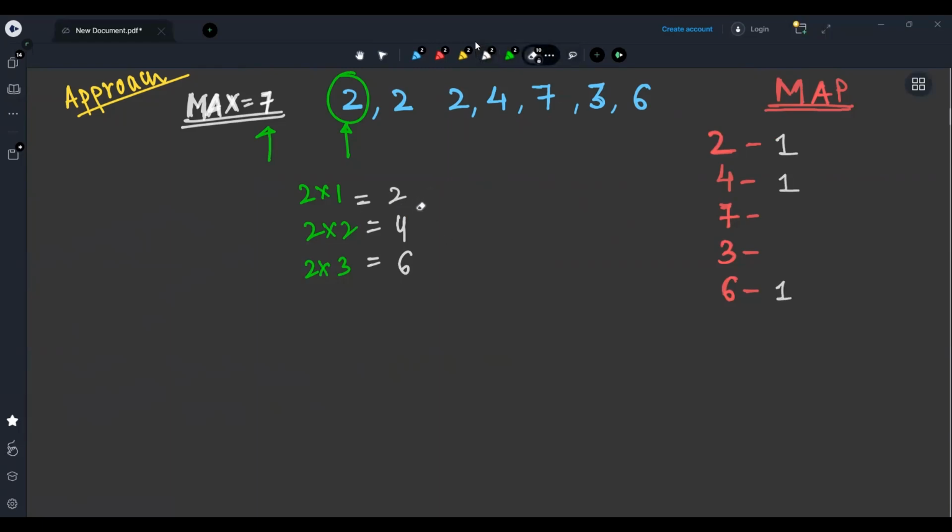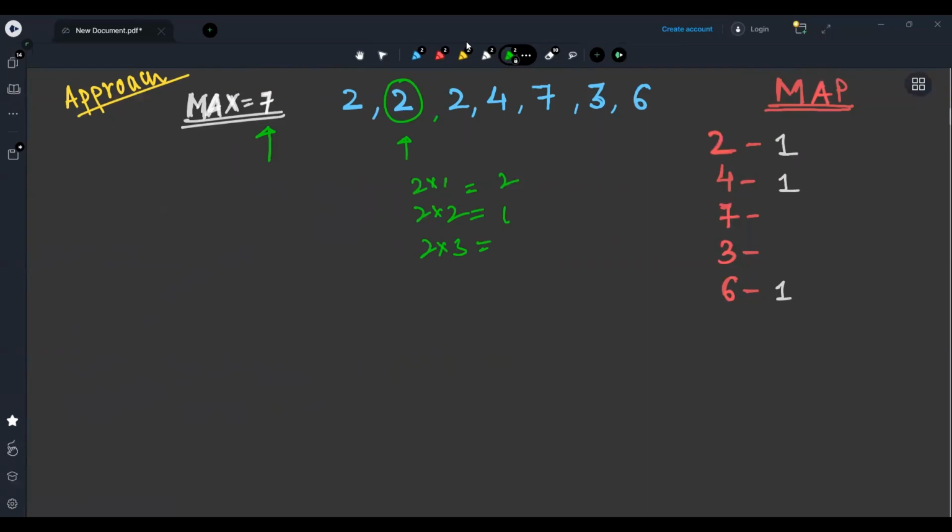Now let's come to this 2 again. I will say 2 into 1, 2 into 2, 2 into 3. No need to go ahead because it will exceed the numbers. So let's mark count as 2, 2, 2. Now let's go to the next 2. Here we will check whether it is already marked 2 times.